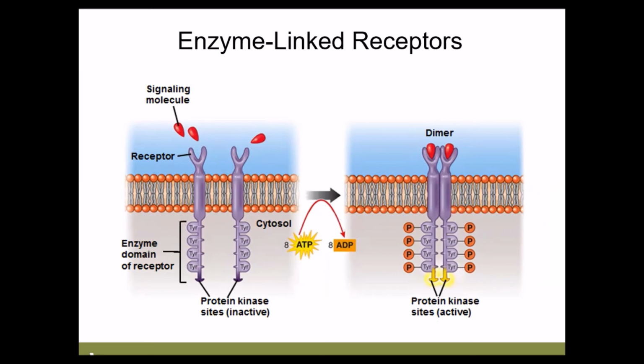The example they listed on the last slide was how insulin binds to a receptor and will eventually cause some type of protein channel to open that allows glucose to leave the bloodstream and go into a cell, such as a muscle cell or liver cell, where it can be used to create energy.